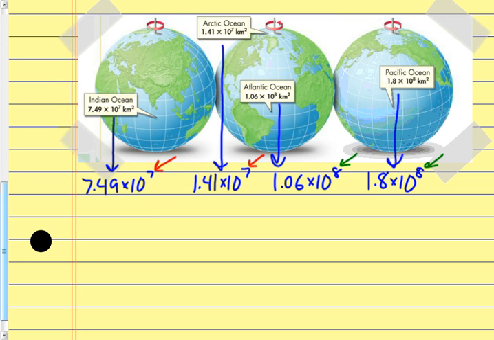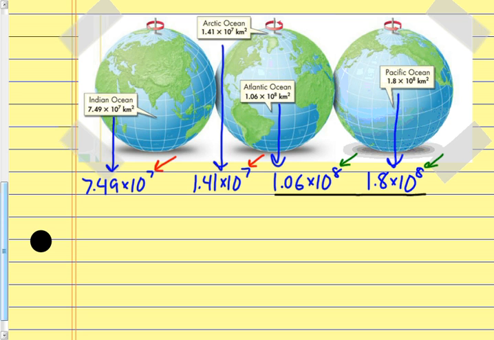The larger exponent is automatically going to be larger, because we're going to have a much larger number since we've moved that decimal point farther. So right away, I know that the last two pieces are going to be larger than the first two pieces because they have a larger exponent.